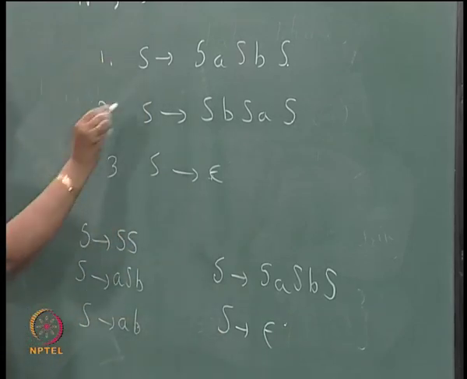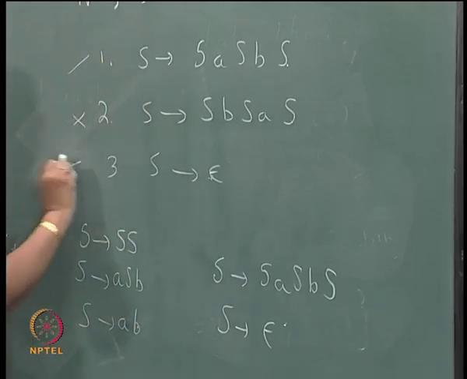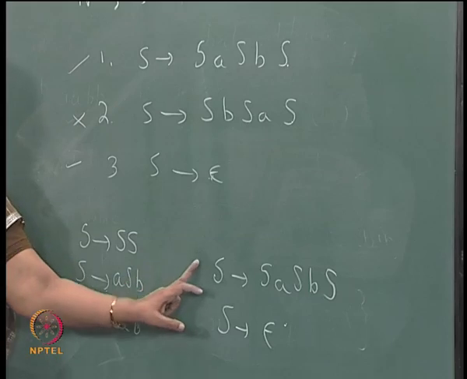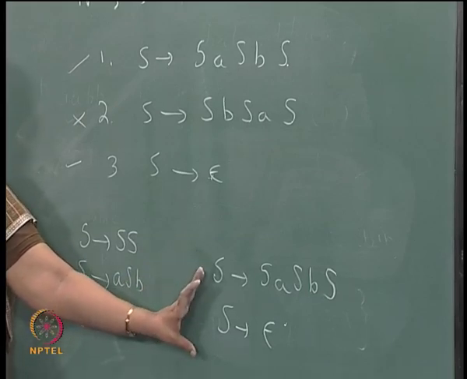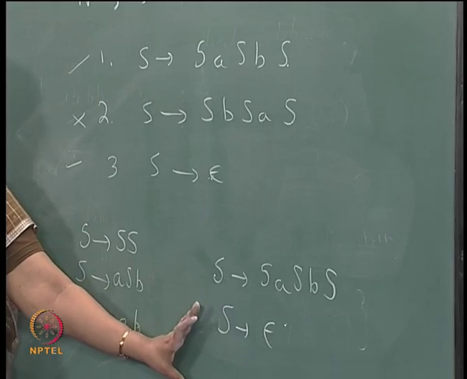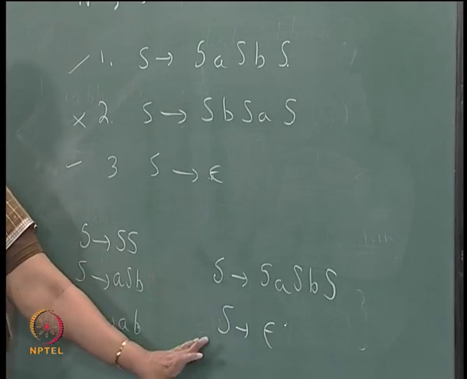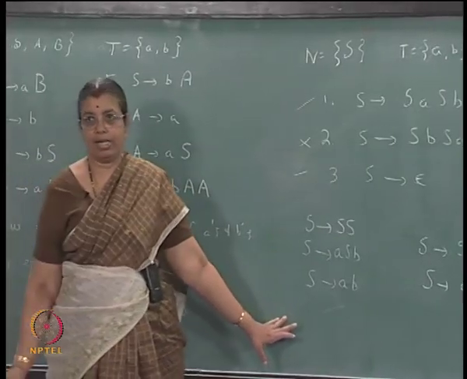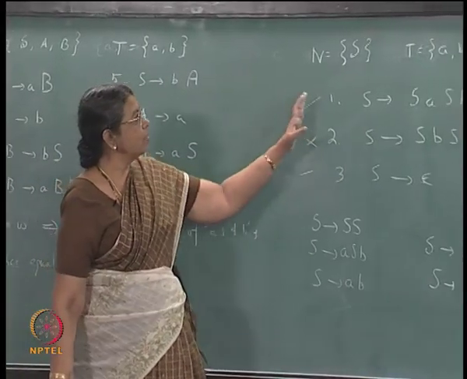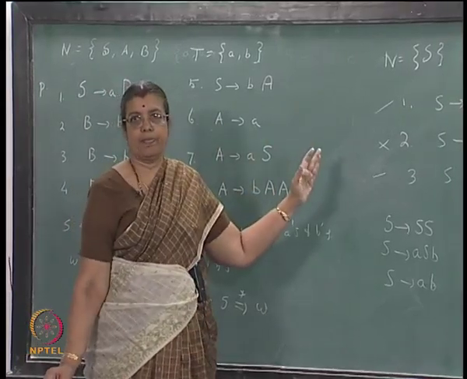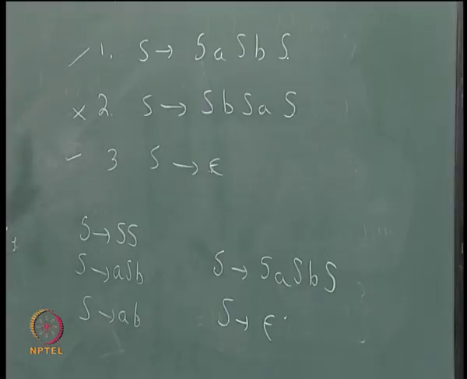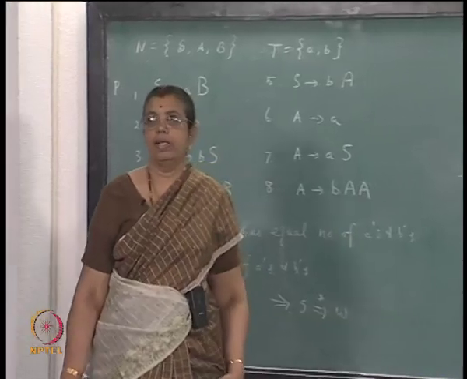That is, in this grammar leave out this, have these 2 rules alone. This again will generate only well formed strings of parentheses, but in this case epsilon is generated, in the other case epsilon is not generated. Similarly, these 2 generate the same language apart from epsilon. Here epsilon will be generated, epsilon will not be generated in the other one.